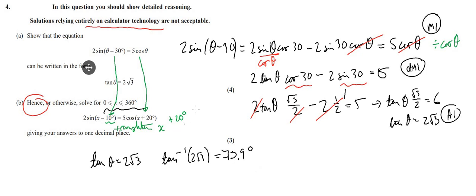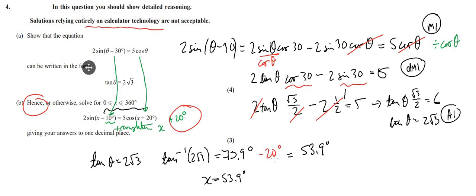Now we have this shift of 20 degrees, so we are going to subtract those 20 degrees. So now we've got 53.9 degrees. That's our first solution. So x equals 53.9 degrees.